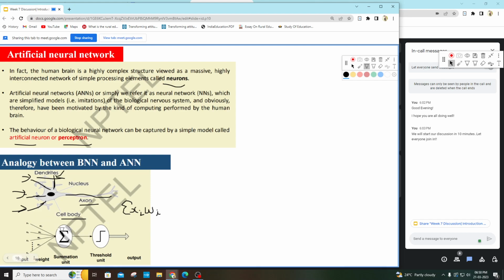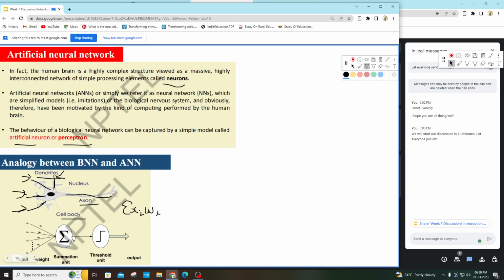We are summing all the inputs multiplied by its weight, like x1 w1 plus x2 w2 plus x3 w3, similarly xn wn, all the information we are summing. Similarly in biological neuron also, all the information from dendrites is summed in this cell body.